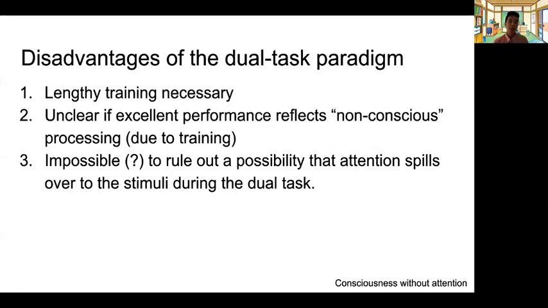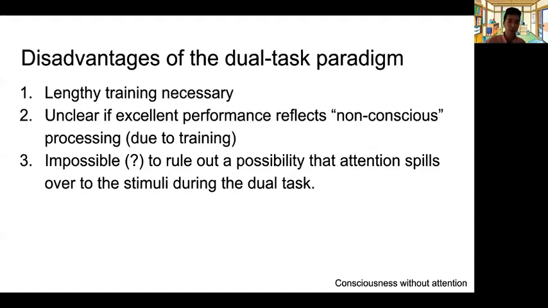So it is very difficult to rule out the possibility that, when you find evidence that people can perform the task under dual task conditions, you just can't say that they can consciously see it without any attention.